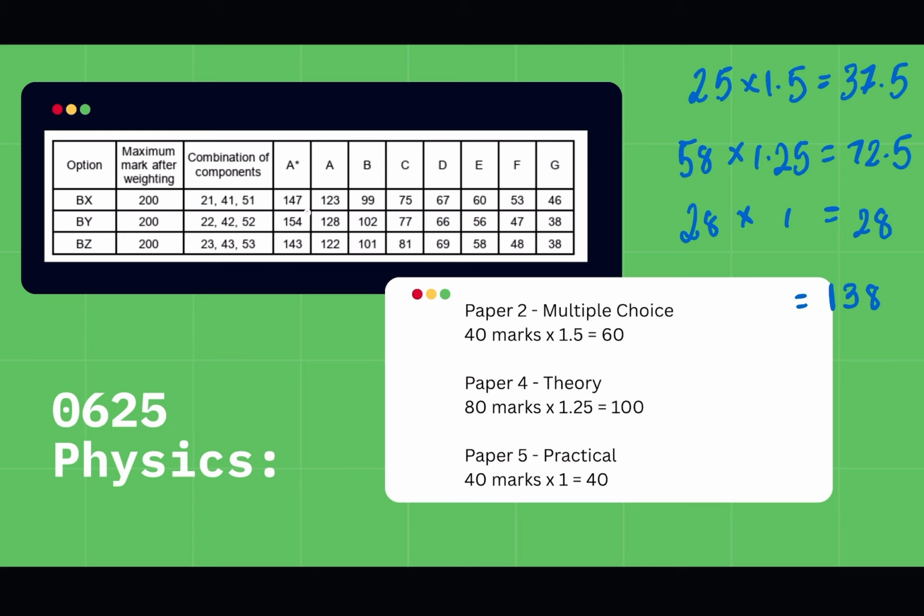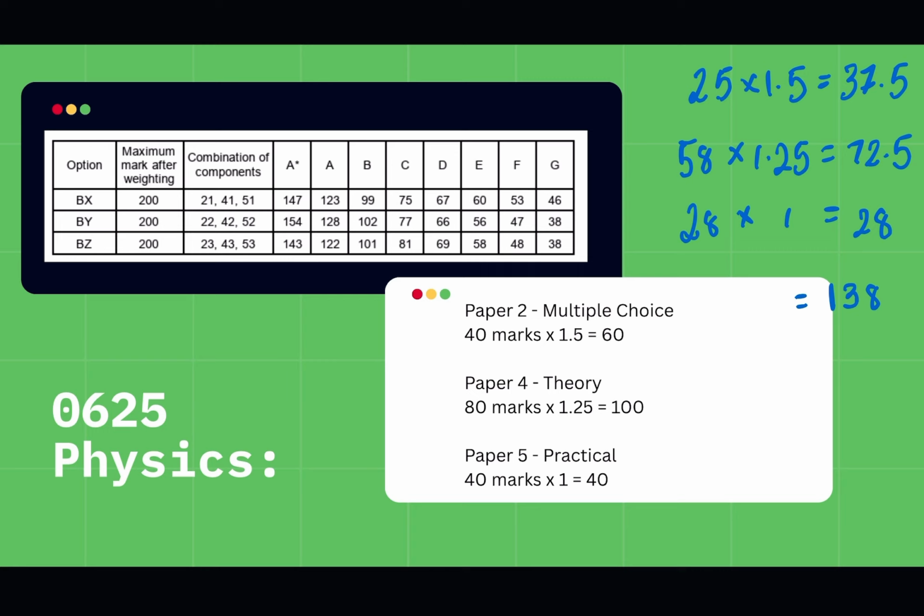Let's say we do variant 1. 138 is between 147 and 123. So it's above 123 but below 147. That means you got an A. But let's calculate your exact mark. So let's calculate the difference between 147 and 123.